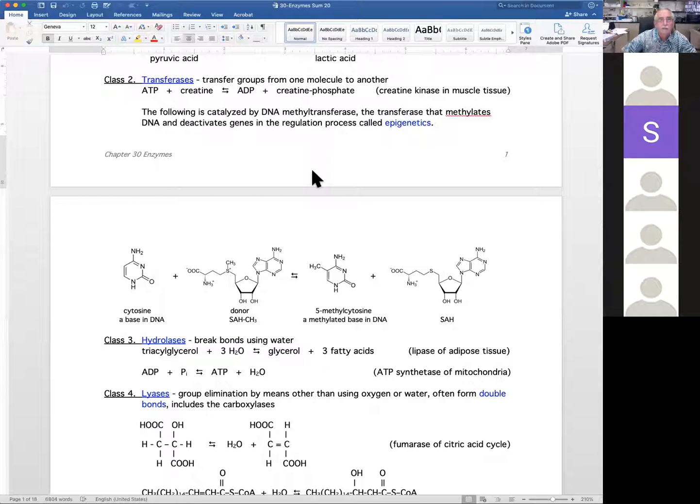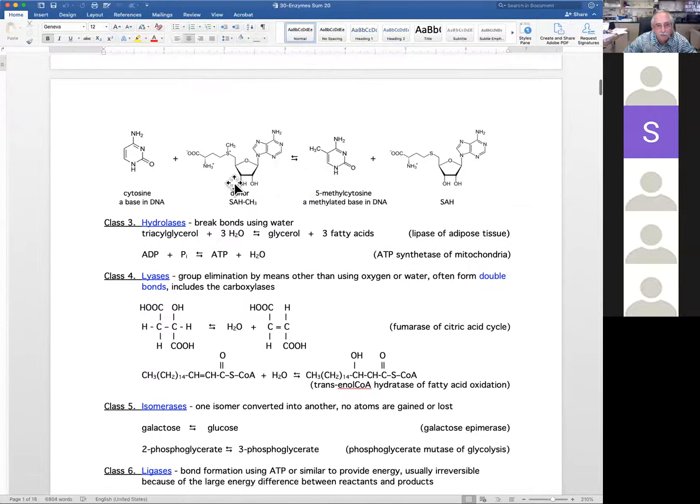Okay. So here's an example of a phosphotransferase, from ATP to creatine. Here's an example of a methyltransferase from this donor molecule to cytosine. That's how you get methylated DNA.